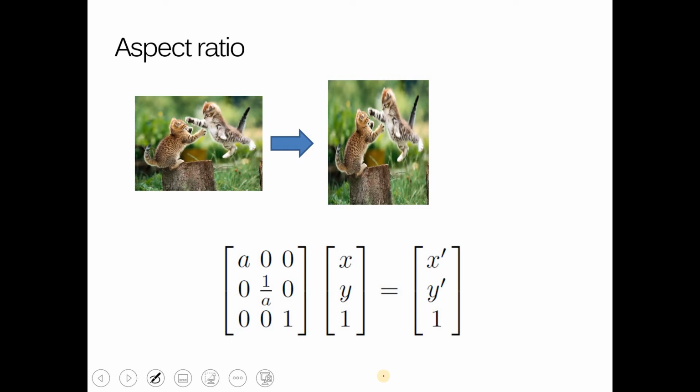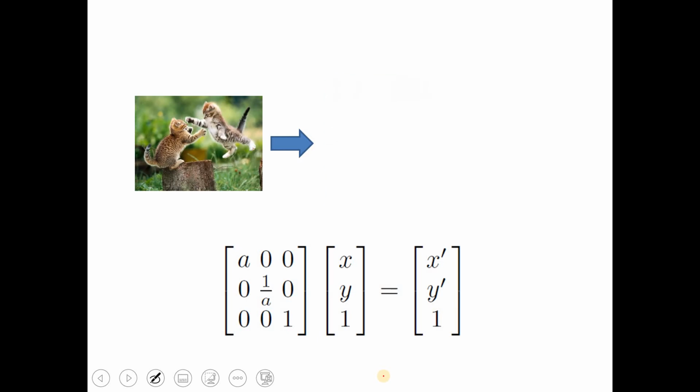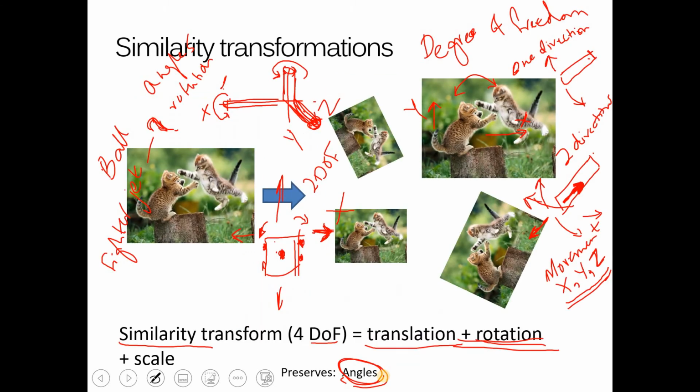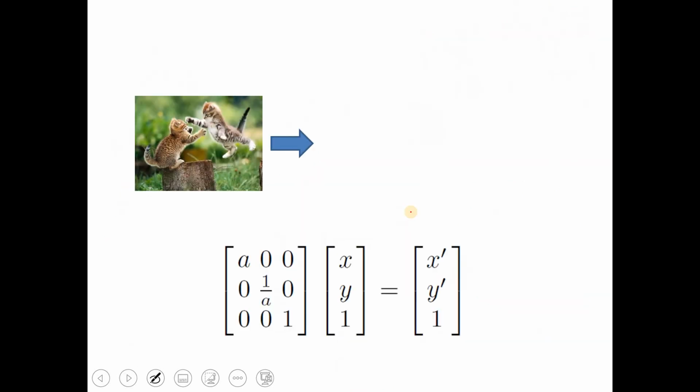You can change the aspect ratio of the image also. In all the previous cases of the similarity transform, we were only modifying the image, but not changing its dimensions. For example, if the image has more width over here, it still has more width everywhere after transformation. But here is another example.